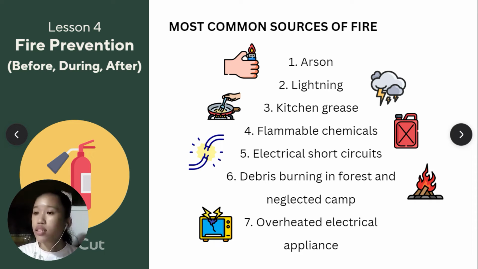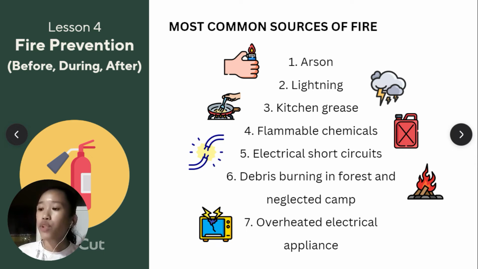In this slide, I'm going to show you the most common sources of fire. Number 1 is arson. Arson means damage or destruction of a property by means of explosion or fire. Number 2, lightning, which is kidlat. Number 3, kitchen grease, for example cooking oils, butter, and fats. These can easily be ignited by fire and can spread wider.